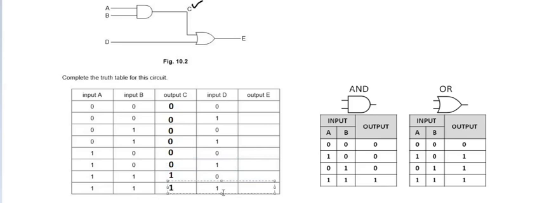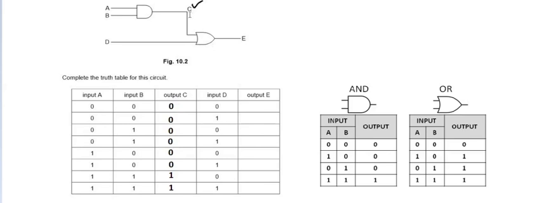So these are the outputs we found, the output C, which is the output of this AND gate, from the inputs A and B given in these columns, using this truth table. Now you can see C and D. D is already given, and C we just obtained. So C and D are the inputs of this OR gate.